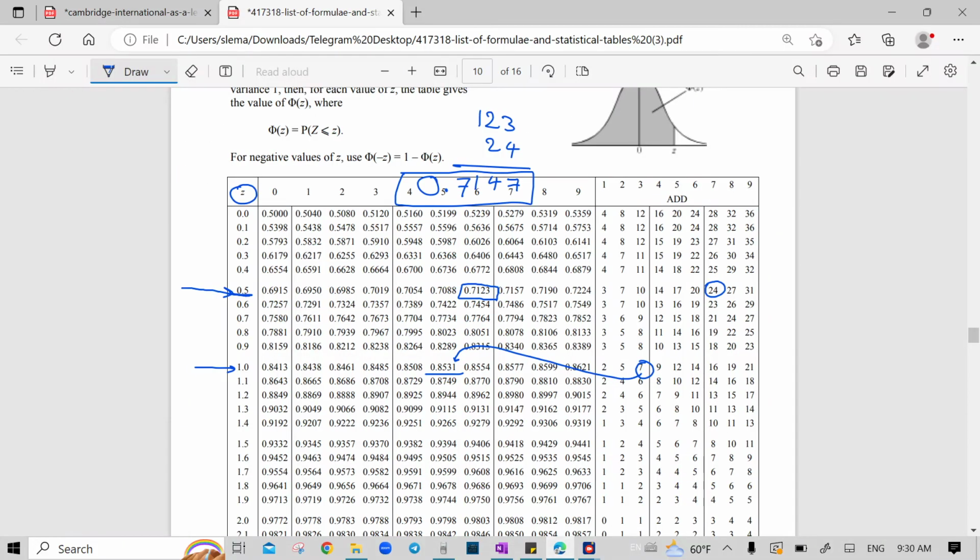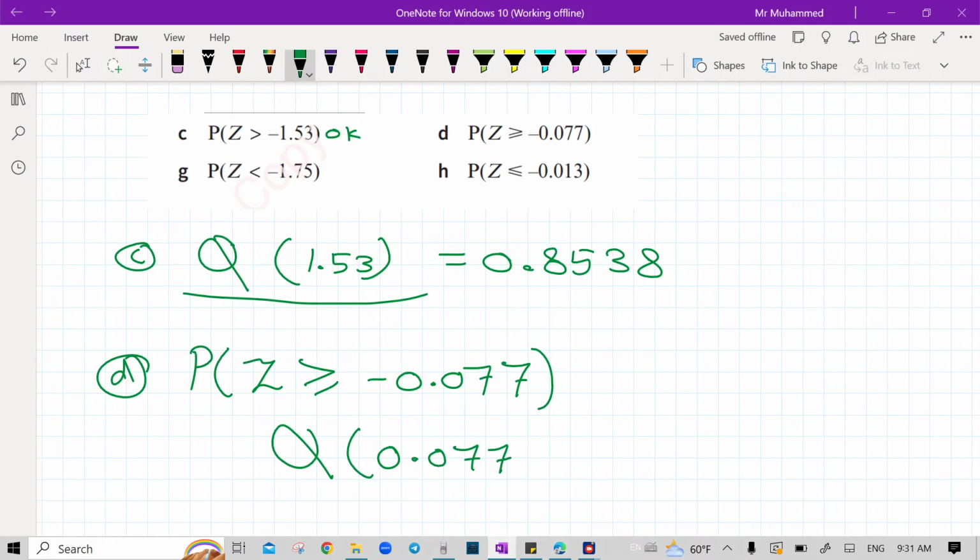Then you go to the table. 0.0 is here, 0.07. The fourth digit 7 cannot be covered because this table can cover up to 3 decimal places. Then the answer is 28 added to 0.5, so the answer is 0.5028.